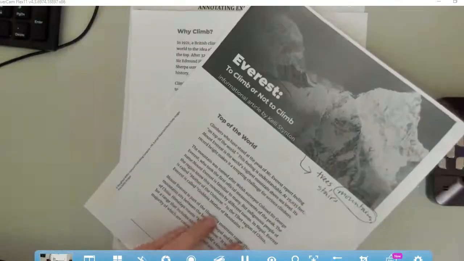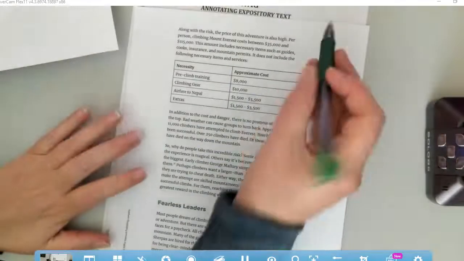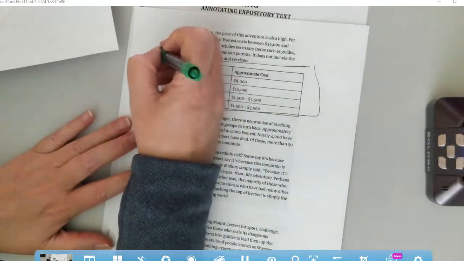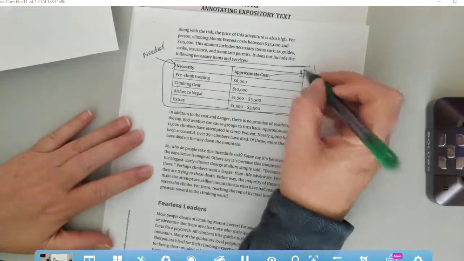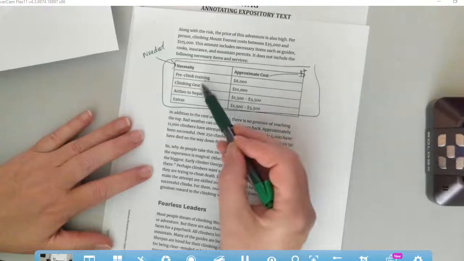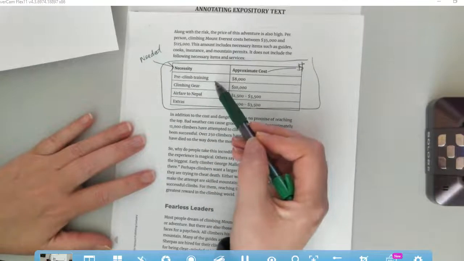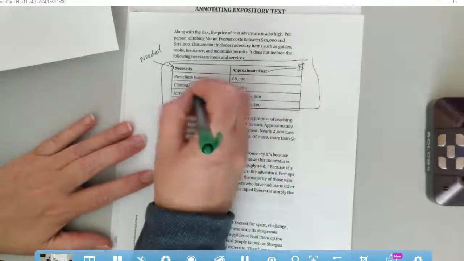And then as I continue to look through, I see a graph. I know that necessity means needed, and cost is money. Okay, and I can probably decide, oh, this is going to be a graph about how much it would cost to buy all of this gear.